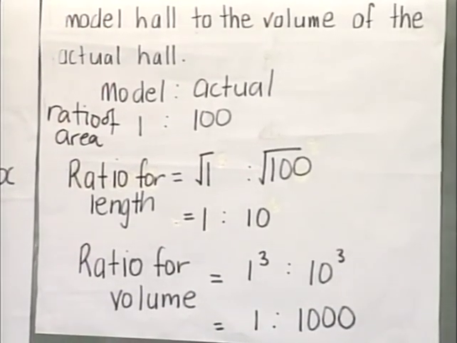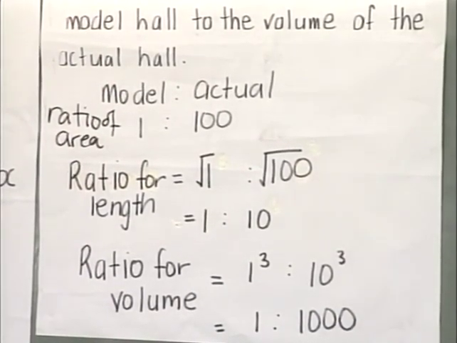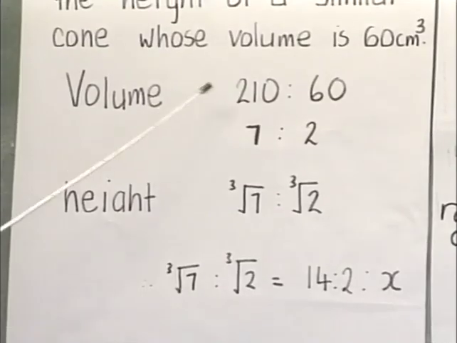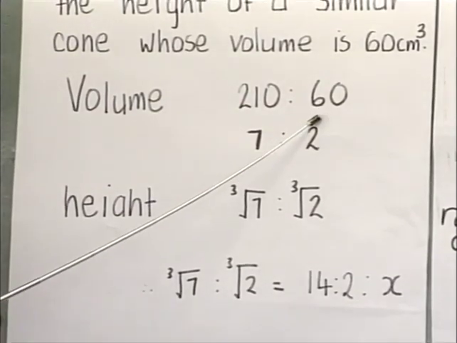Okay. Next question. The volume of a cone of height 4.2 centimeters is 210 cubic centimeters. It says find the height of a similar cone whose volume is 60 centimeters cubed. Okay, that means the ratio of their volumes would be 210 is to 60.